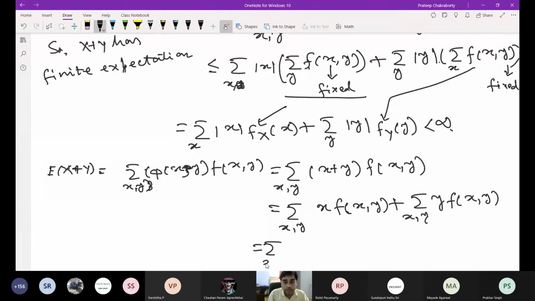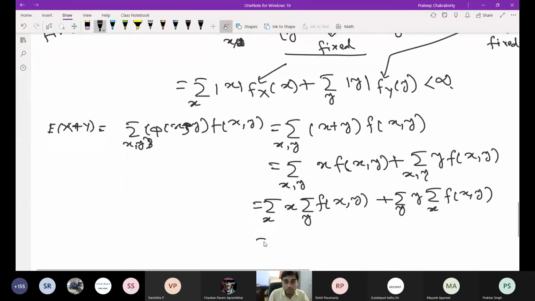Now fix x and vary y. Again here fix y and vary x. So if you fix x and vary y in the joint distribution function, you will get the density function of x.